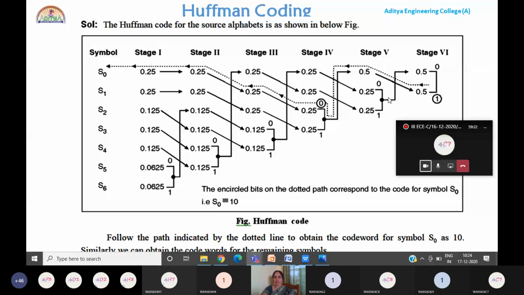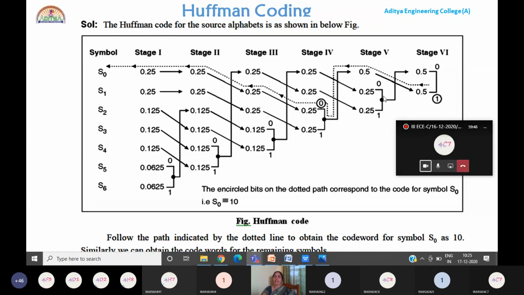Once again, the last 2 terms are combined in stage 5. Once you combine like that, what happens? You will get 0.5. But we already have 0.5 in the order, so that will be treated as the old one and the newly added value will move to the top position. While relocating the order of probabilities, it should be in decreasing order.